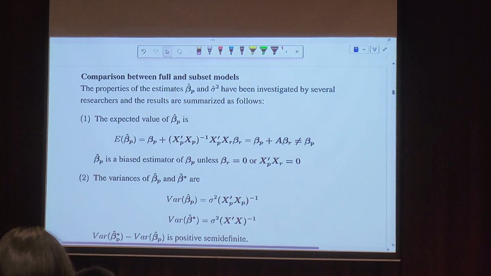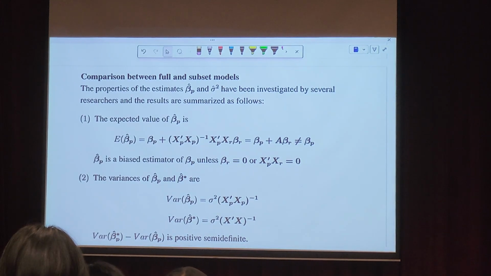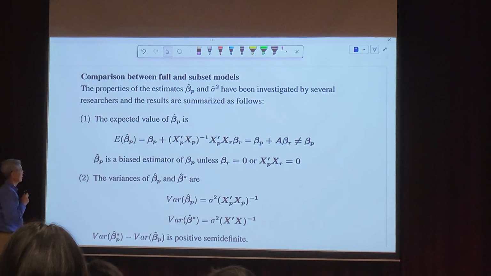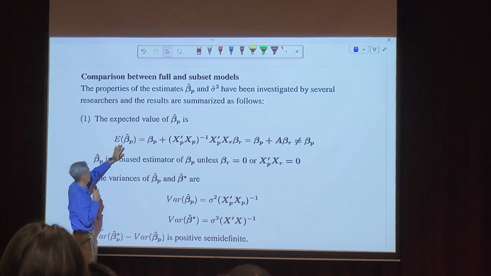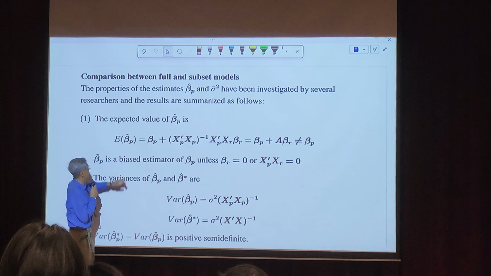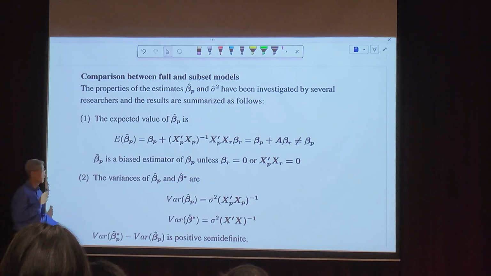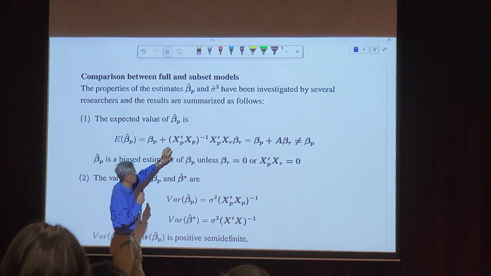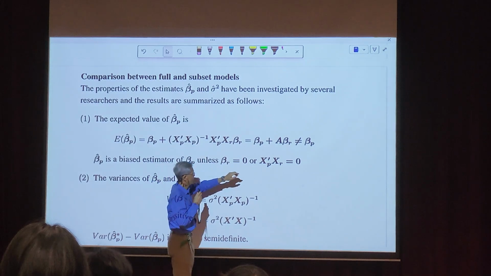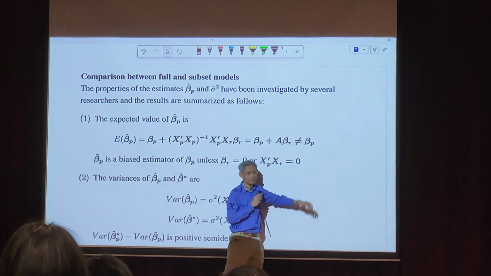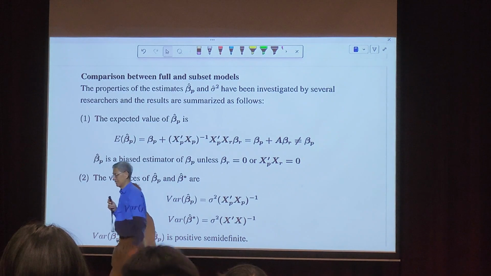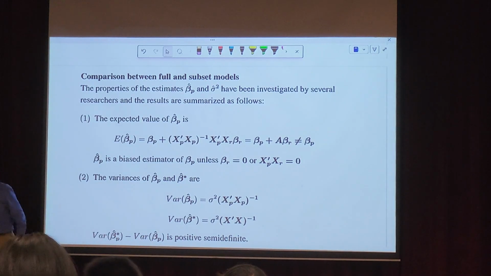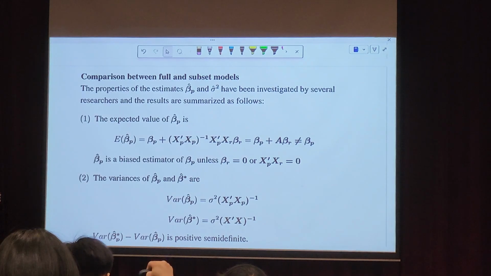So here is really the comparison now between the full and subset model. We have a full model, we have a subset model, and it can be shown that the expected value of beta hat p, that means for the subset model, is equal to this. In general, this estimate beta hat p is biased.